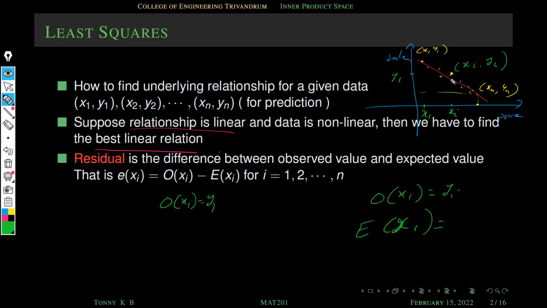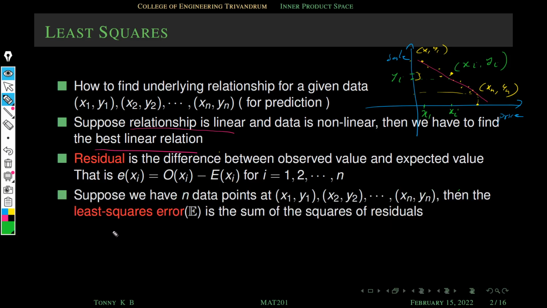That is from the straight line, because we assume there is an underlying straight line relation. So it is the value of the straight line at this xi, almost this one. You take the difference, yi minus the expected value, and this difference is defined as the residual. Clear? Observed value minus expected value.